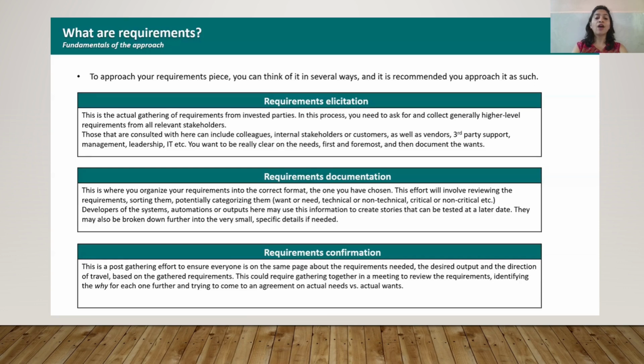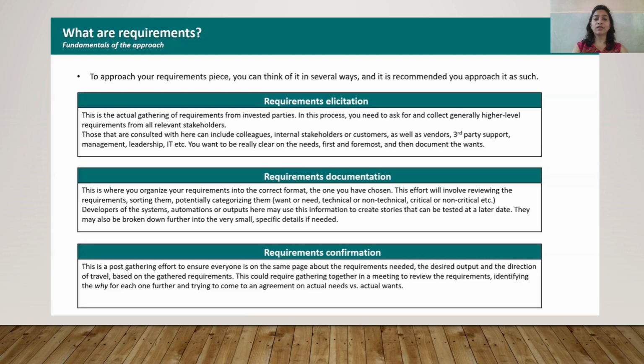After the step of elicitation, we are going to go ahead and document it. This is where you organize your requirements into the correct format, the one you have chosen. The effort will involve reviewing the requirements, sorting them, and potentially customizing them.